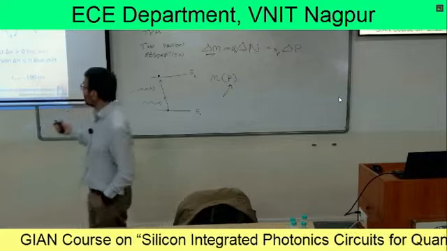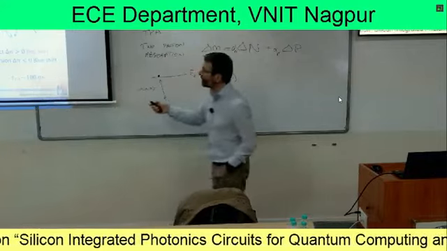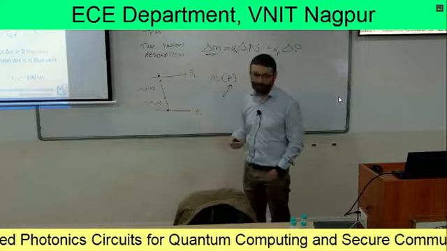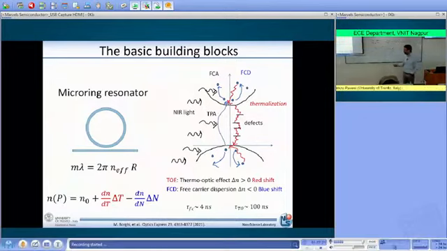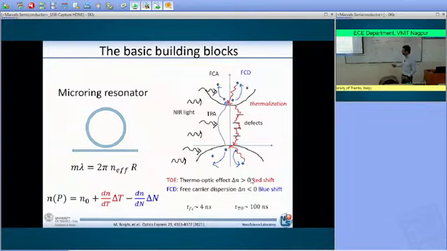Following the thermalization of those free carriers, the semiconductor heats up. I have already said that if I increase the temperature in the semiconductor, I also change the refractive index. So in this case, we have two different phenomena. The first one is the thermo-optic effect that causes an increase in the refractive index.